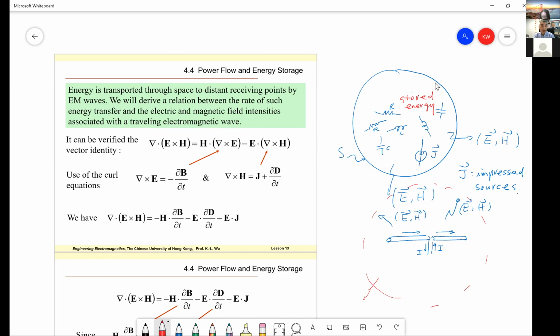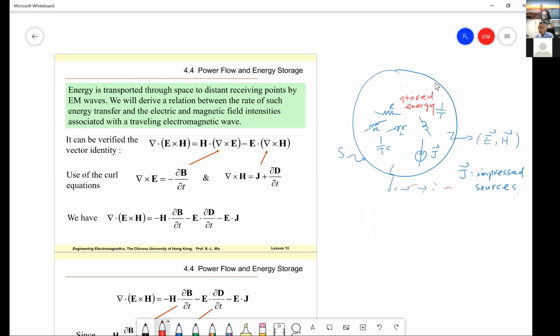What components can store energy? Inductance and capacitance. Let's say, what is a general relation for this problem? This is what we are going to discuss today first.